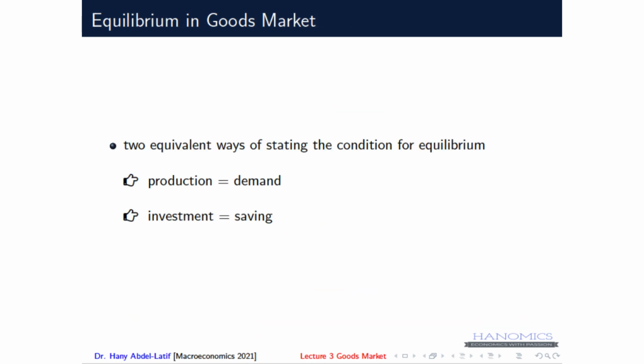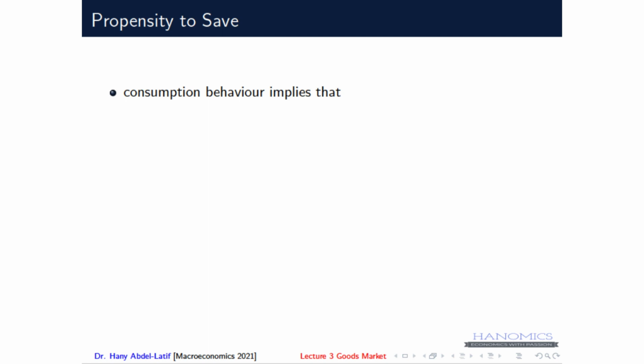So for equilibrium in the goods market, there are two equivalent ways of stating the condition: production equals demand, or investment equals saving. Let's now look at saving. We know from the consumption behavior that S equals Y minus T minus C. Y minus T here is disposable income, and C is consumption.